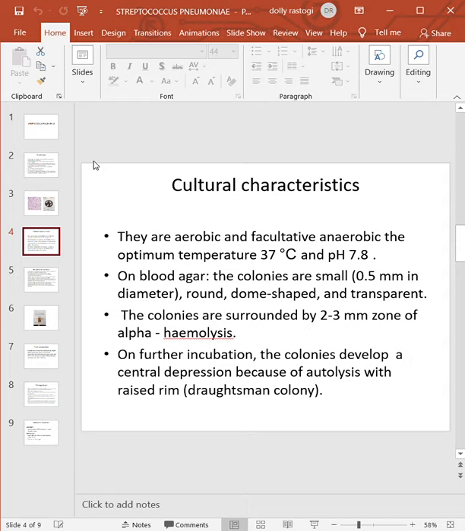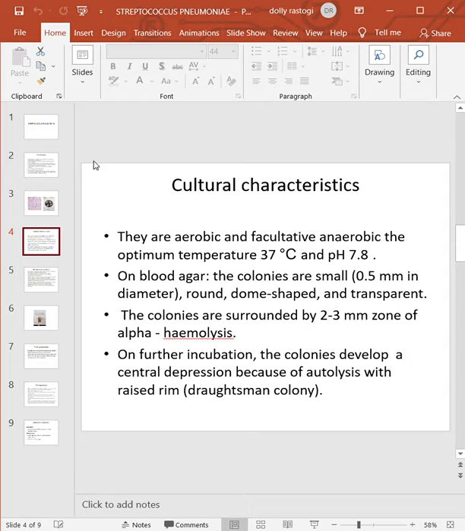On further incubation, the colonies are flat with raised edges, and also there is a central umbonation.